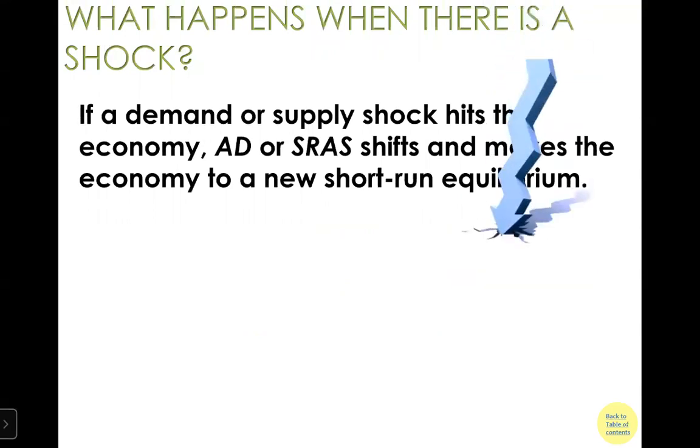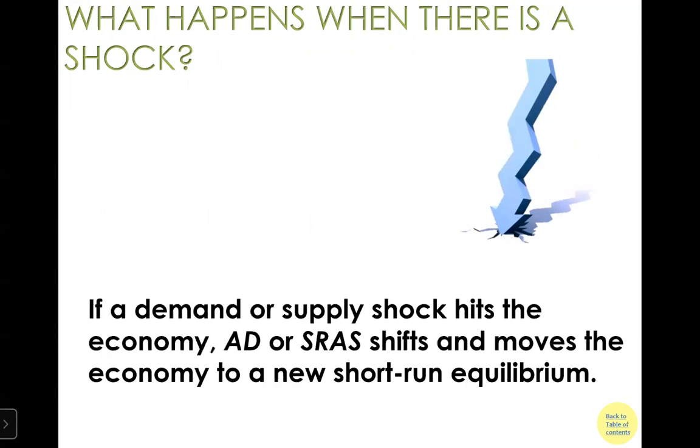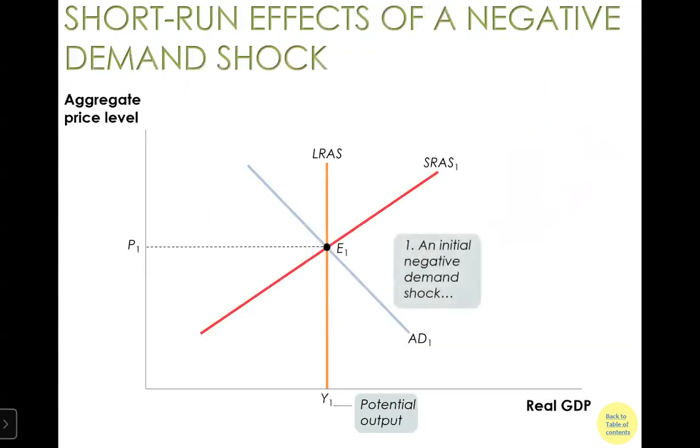Usually we are not in a long-run equilibrium because there are some shocks, either a demand or a supply shock. A shock hits the economy, and then you see a shift or a disruption away from the equilibrium. So now let's see what happens. We start with long-run macroeconomic equilibrium.